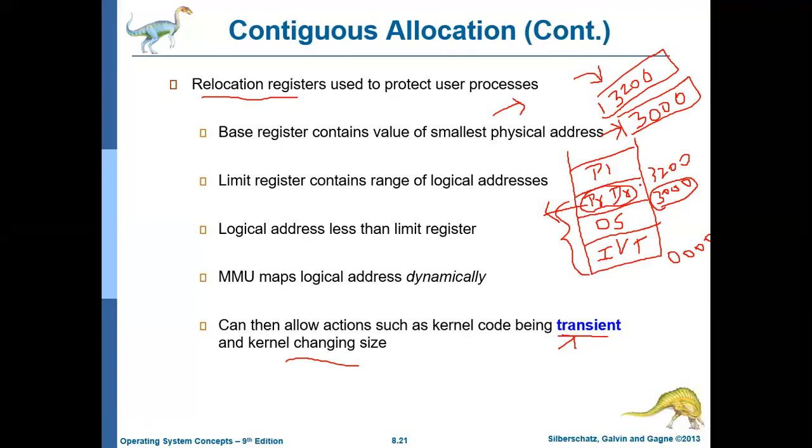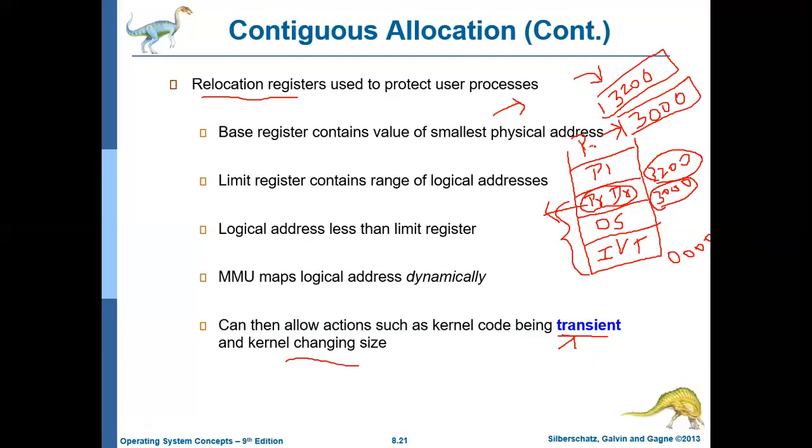If it stays, then the operating system size will increase. If the operating system size increases, then accordingly the other processes' relocation register or base register content should be updated. Similarly, if the operating system size decreases, then also the base register or relocation register content of other processes should be updated. If the base register content of P1 changes, then obviously P2 will also change, right?